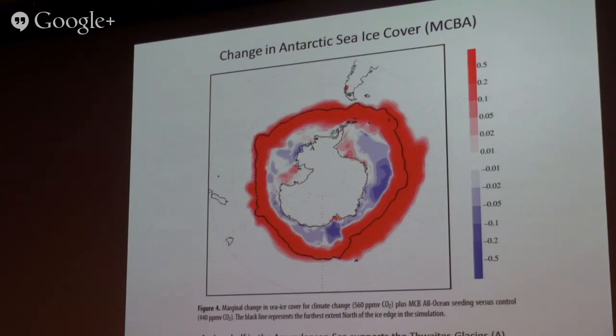This last piece is really a departure from the first three pieces. When you look at modeling the Antarctic, it's very different from the Northern Hemisphere. You can get computer results that show you overcooling the Antarctic, but it's also harder, at the levels of seeding that we're seeing in the Northern Hemisphere, to show any effect in the Antarctic.